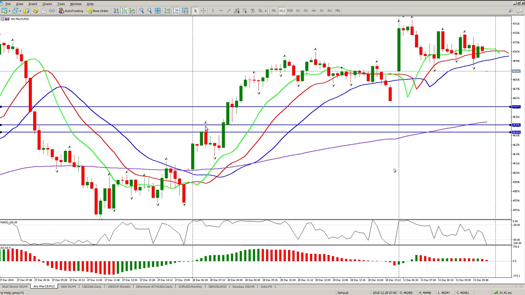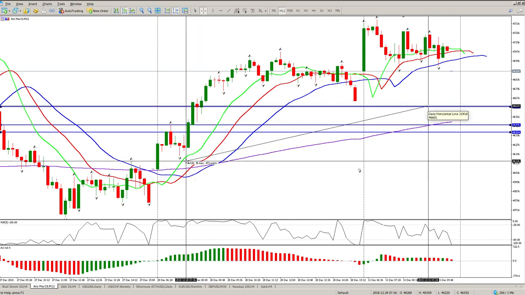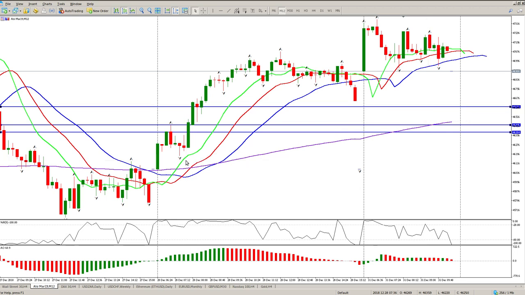Alternatively, what I've really done is just put this level in on the 12 minute, which is 46,446. So somewhere in this area, I would expect buyers to step in. Okay, could be right here on this gap. So if we can get this level, that's a 470 point stop loss.